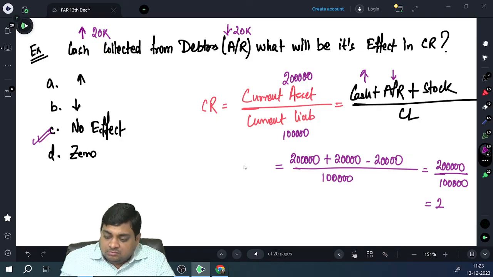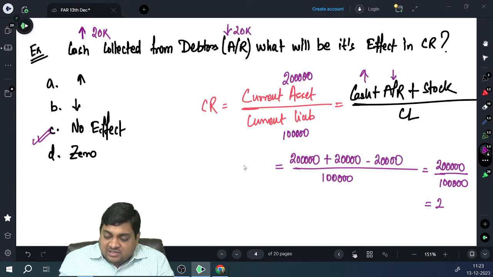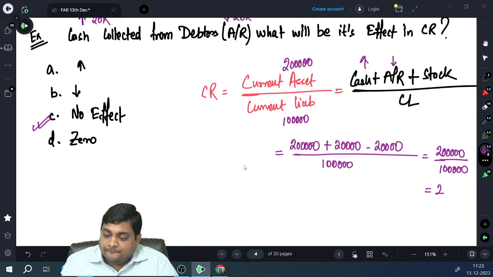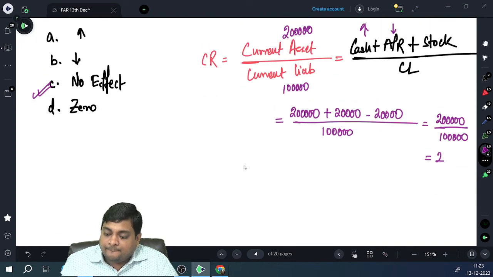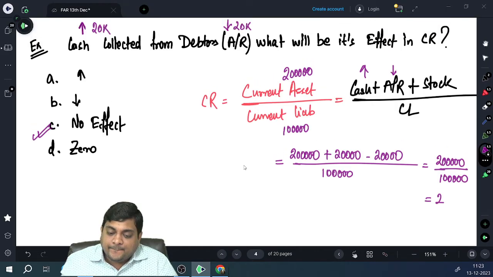So whatever current ratio you had before this transaction, post this transaction the current ratio is the same. There is no effect on the current ratio with respect to this transaction, because both cash and debtors are components of current assets, right? I guess this is absolutely fine. Okay.